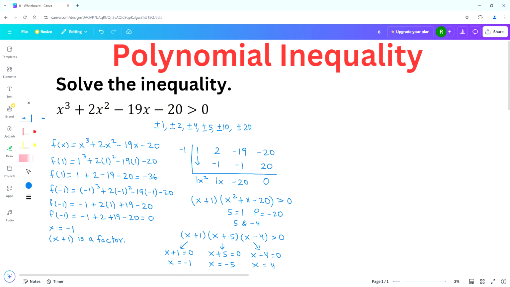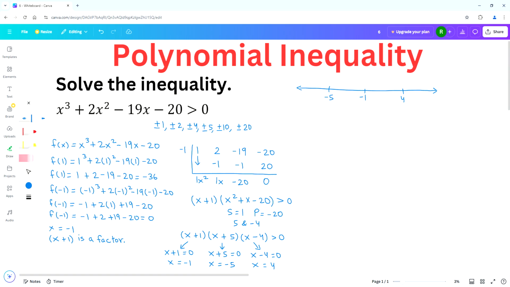Now we can use the number line method to find the solutions for the given inequality. We should start by plotting the x-intercepts. These x-intercepts divide the number line into four parts.